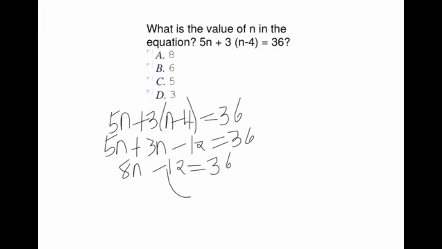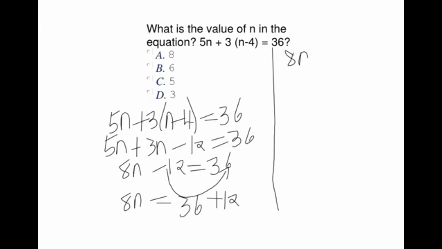We take 12 across the equal sign. So we have 8n equals 36. This was negative 12. Crossing the equal sign becomes positive, so we have plus 12. So 8n equals 36 plus 12. 6 plus 2 is 8. 3 plus 1 is 4.